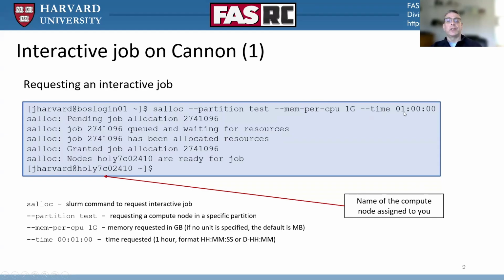So those are the essentials that you need to specify with salloc. There are a lot of other options with Slurm that are in our documentation once you start realizing more specialized things that you need to do. But the basics, just to get on a compute node, will be partition, memory, and time.